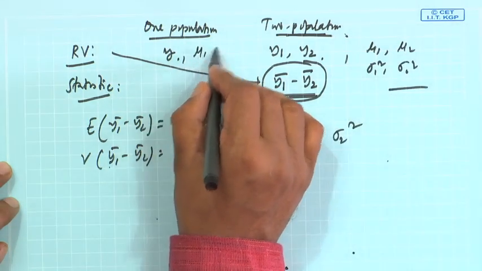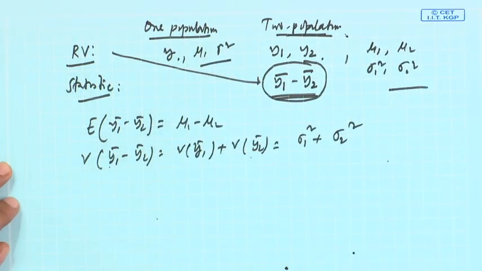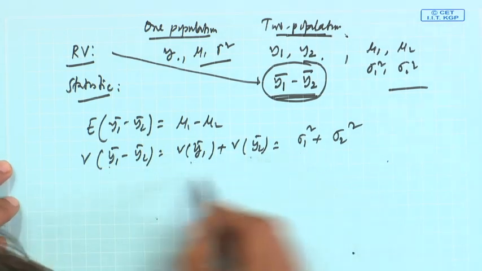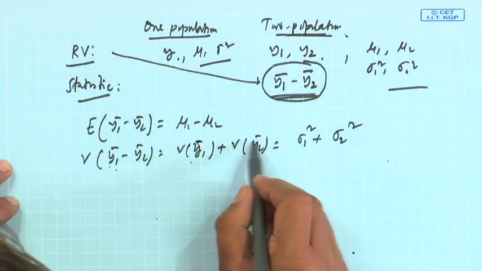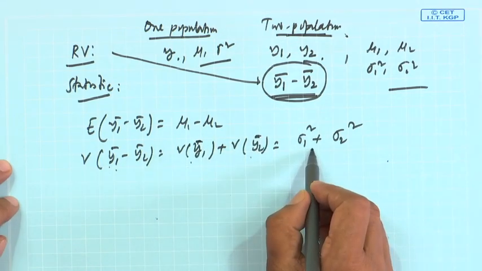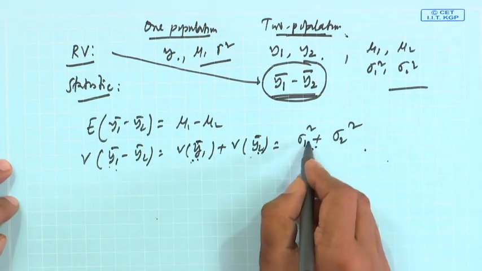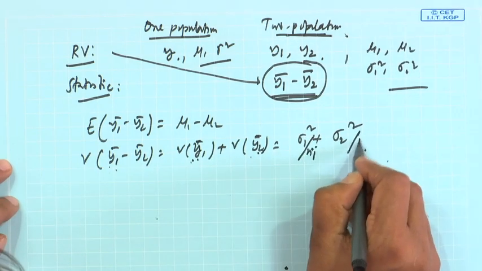Here you have seen mu and sigma square for one population. So, is it correct that the variance of y1 bar minus y2 bar will be this? If it is y1, y2, this is correct. If it is y1 bar, y2 bar, it is not correct, this will be divided by n1 and n2.